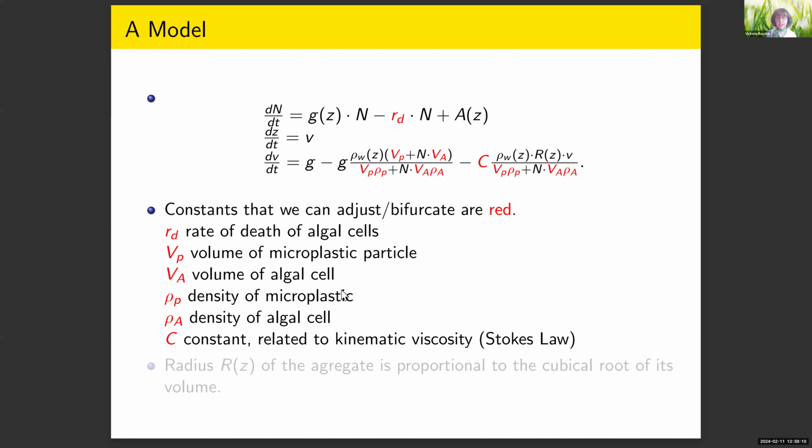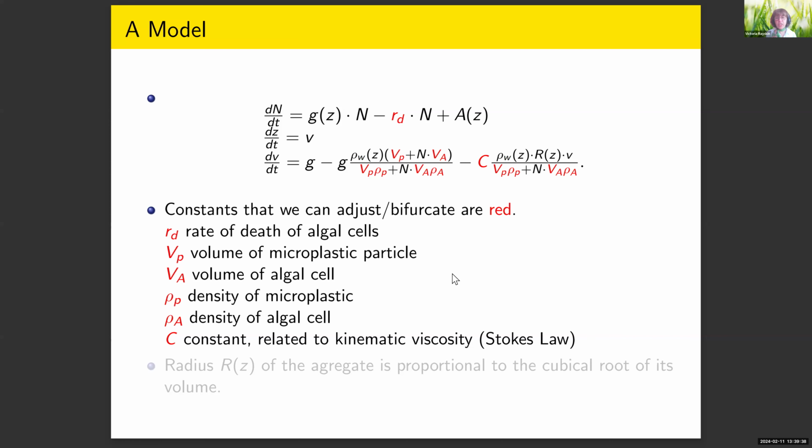The volume of an algal cell is a constant. Corresponding densities of microplastic and algal cell density. And there is some constant associated with the friction. I use here, so it's proportional to kinematic viscosity. There are some other constants, but I hide them under the constant C. There are lots of constants here.